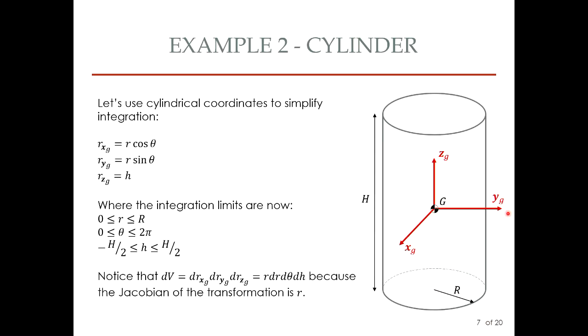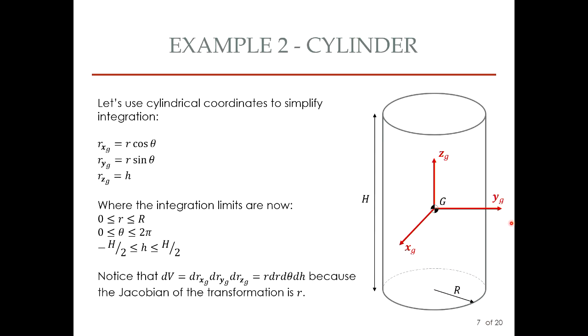Now my choice of x and y directions, this is important. My choice of x and y is pretty arbitrary. You can see that. Let's say if this is the cylinder and this is z, my x and y could be like this, or like this, or like this. All of these options, I'm going to get the same result for Ixx and Iyy, and they are also equal to one another.